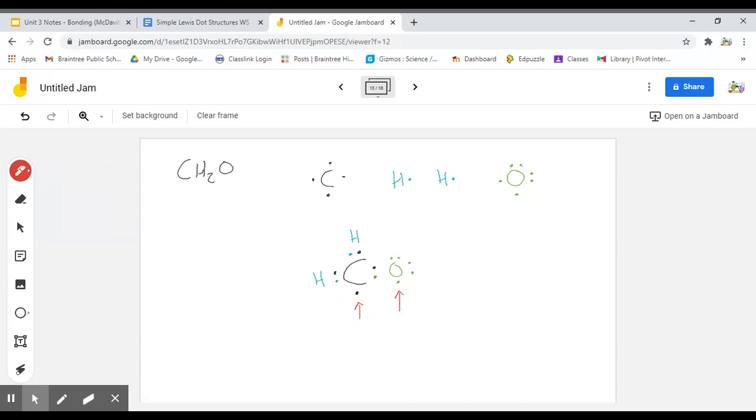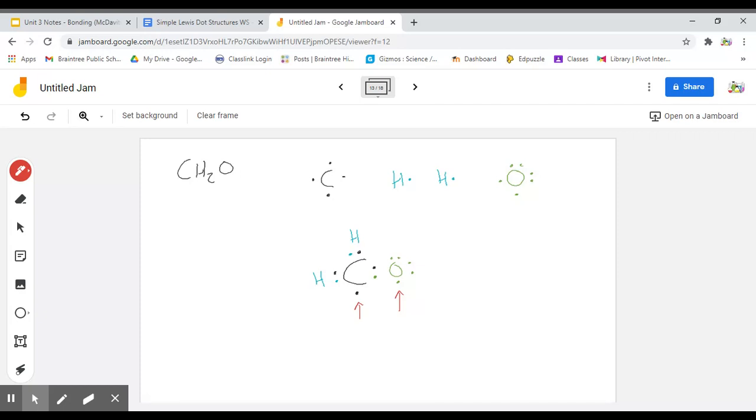We don't have any more atoms here. We've used up all the atoms we have, and we haven't paired up all the electrons. Another way to think about it is, if we're trying to fulfill the octet rule, the carbon only has 7 electrons, and so does the oxygen. The reason why we don't like this is because we haven't fulfilled the octet rule.